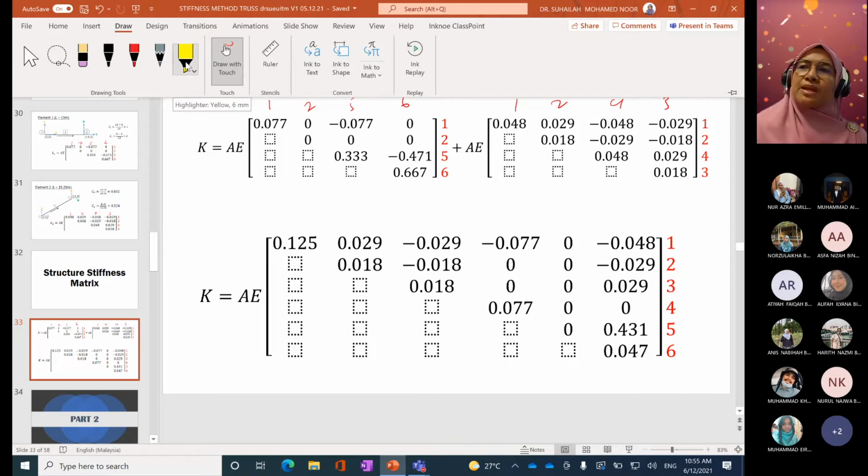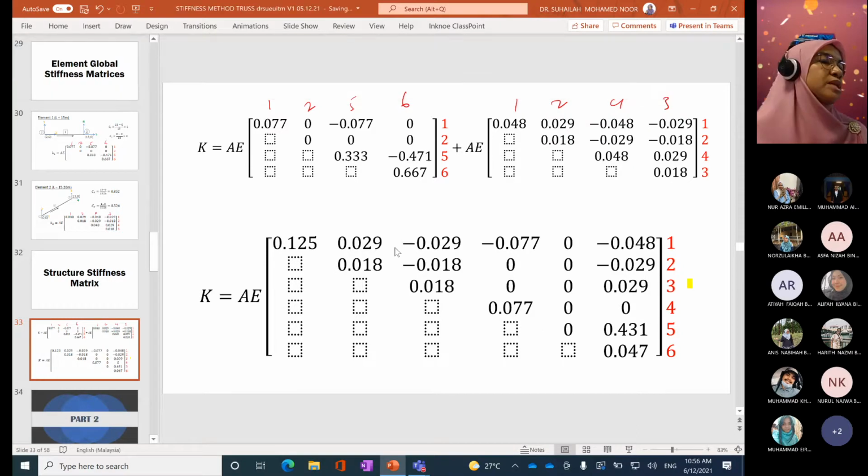Nilai tu akan sama, cuma label mungkin seorang akan label yang node tu sebagai 3, kawan saya label sebagai 4. Tapi tempat yang samalah kan, cuma label tu lain-lain. Mungkin ada orang lain akan label sebagai 5, orang lain sebagai 6. So label tu tak penting. Yang penting jawapan pada tempat tu. That's why important. So tak boleh simply tengok kawan macam tu je. Memang kena faham betul-betul benda ni.